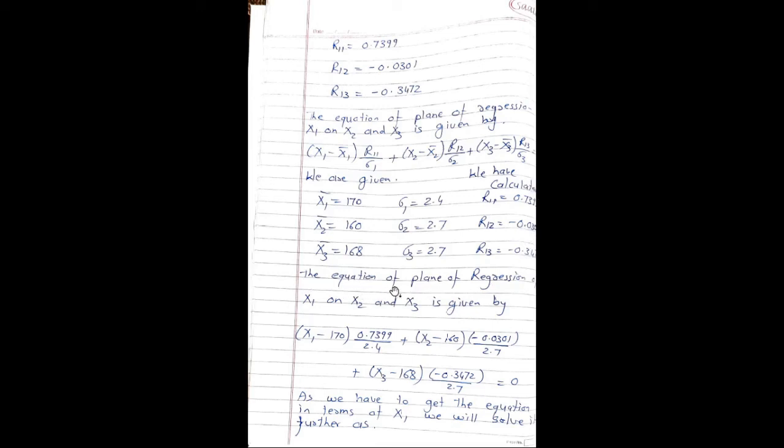Therefore, the equation of plane of regression of x1 on x2 and x3 is given by, replacing all the values in the given equation, (x1 minus 170) into 0.7399 divided by 2.4 plus (x2 minus 160) into minus 0.0301 divided by 2.7 plus (x3 minus 168) into minus 0.3472 divided by 2.7 is equal to 0.